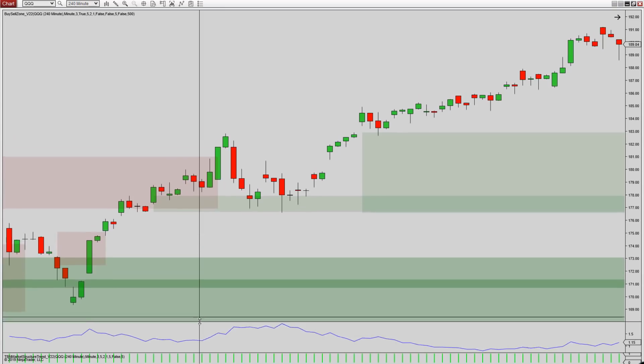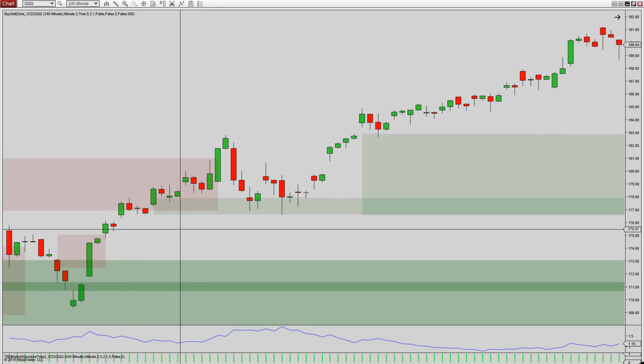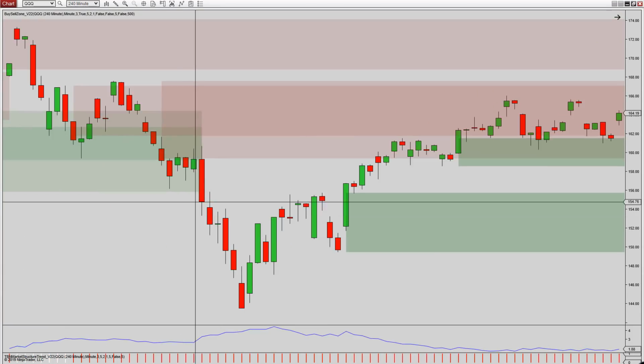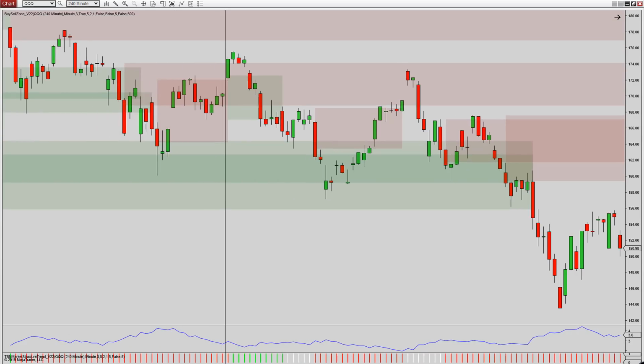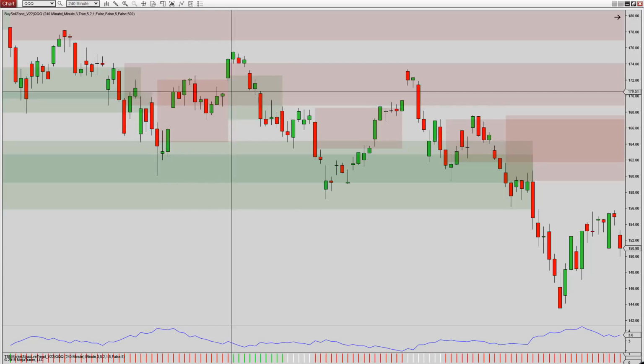Whatever the last zone to print is, it's going to remain that trend until that trend is broken and the opposite trend resumes or sets up. So let me show you an example. Let me see where it starts printing from green to red. So you can see here we're red. There's a market structure zone right here.